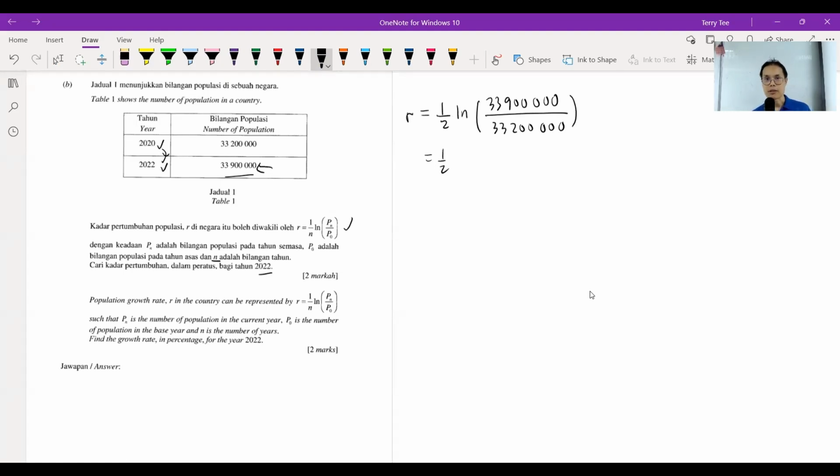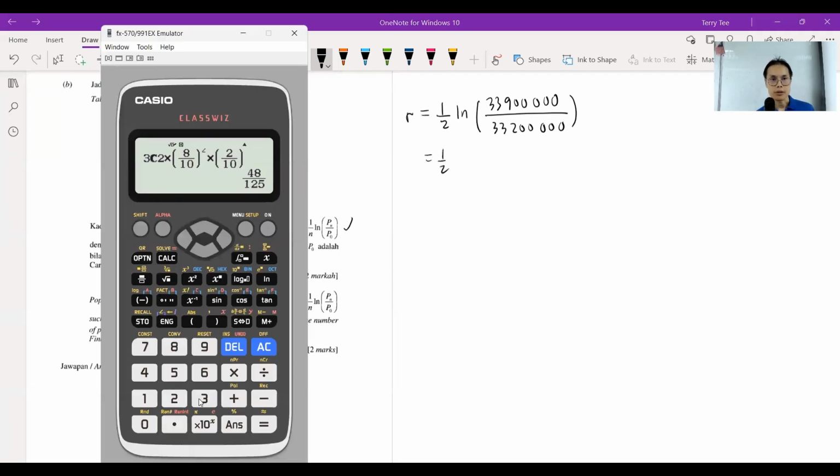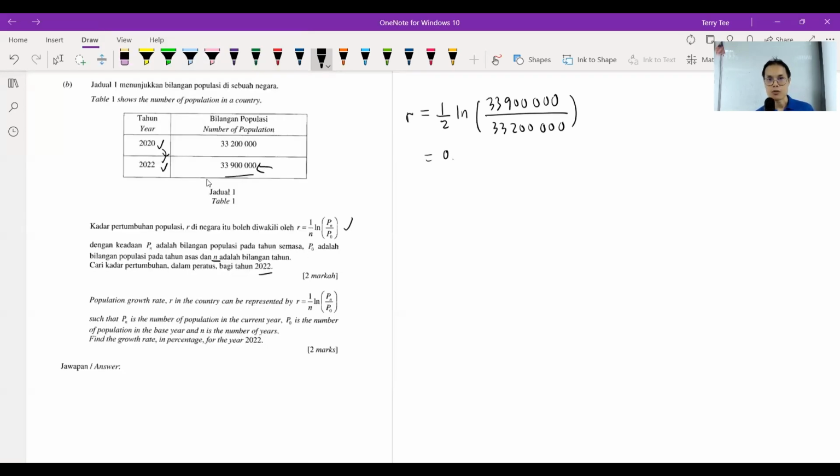When you type in your calculator, we'll just take 33.9 divide 33.2. The 0 can cancel off, right? Take the ln of this value, whatever you get, times half, right? So this is 0.0104, right? So I can write this directly as 0.0104.